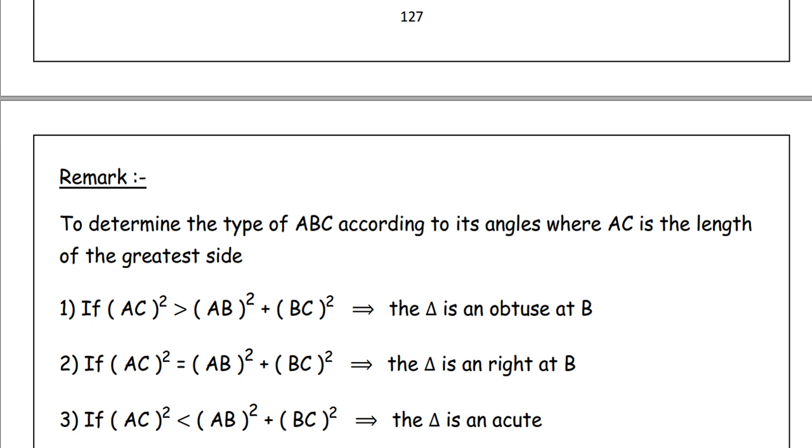If AC squared is bigger than AB squared plus BC squared, then the triangle is an obtuse angle triangle and the obtuse angle is B. If the greatest side AC squared equals AB squared plus BC squared, then the triangle is a right angle triangle and the right angle is B. And if AC squared is less than AB squared plus BC squared, then the triangle is an acute angled triangle. This was our lesson today.